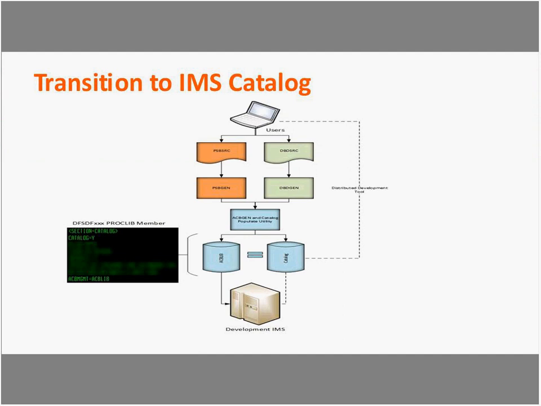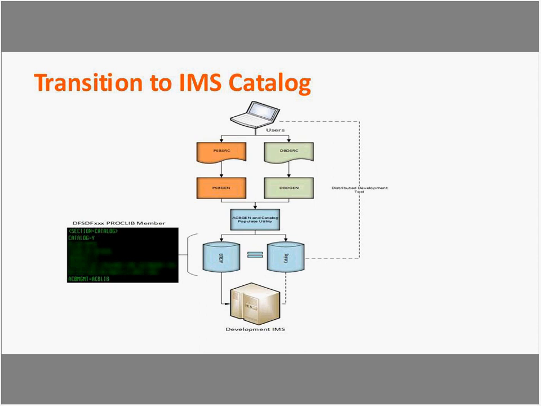So what I want to do in the next part of the session is go over a custom use case. In this particular situation, the customer is going to be doing a transition to the IMS catalog. And typically when customers transition to the IMS catalog, they are going to set the DFSDF proclib member to its catalog usage, and they want to use ACB management of the ACB lib.